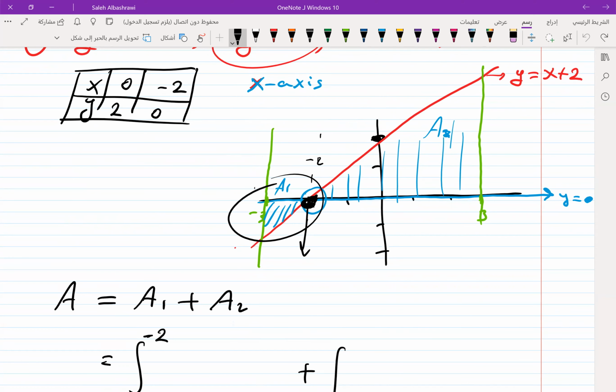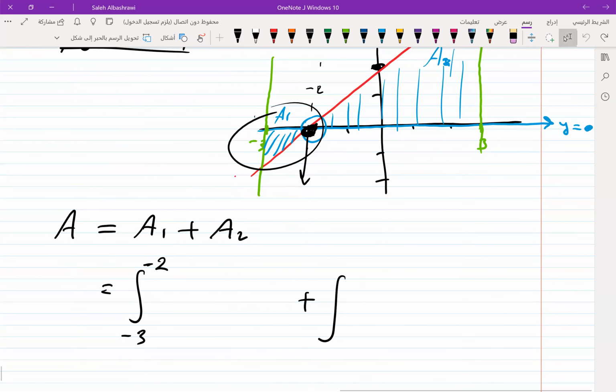Now for the first area, the upper function is this line, y equal to 0. The lower function is the red one, y equal to x plus 2. And as we said, the area equals the upper function minus the lower function, the greater one minus the smaller one.